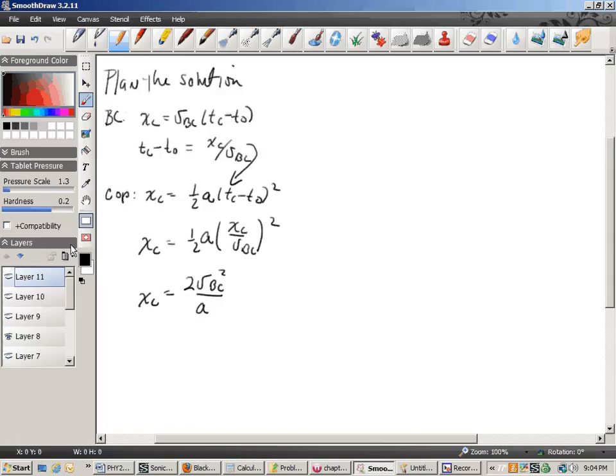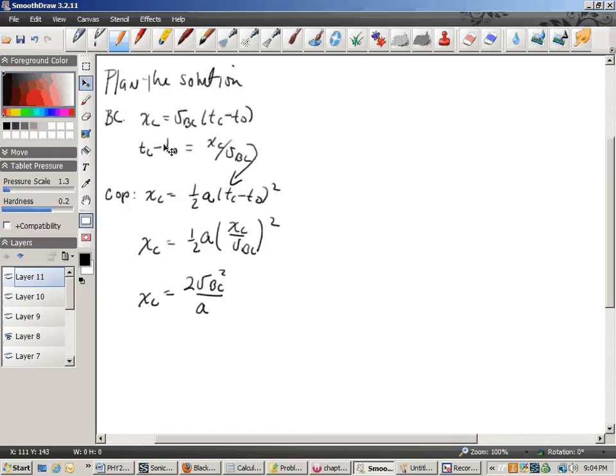Our next goal is now to plan the solution. So I'm going to use the two equations that we had previously. One, I'm going to set xc, the position of catch-up, equal to the velocity of Bonnie and Clyde times the change in time from t0 to tc.